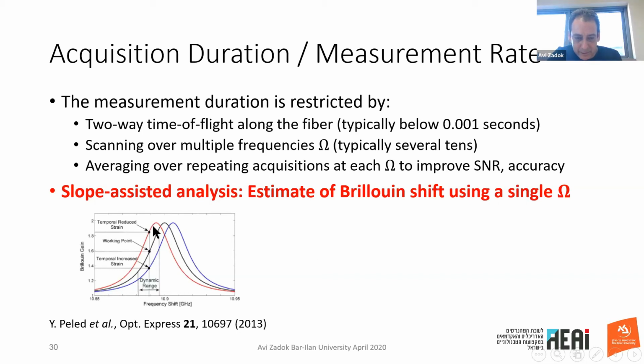I draw your attention to these three traces. The black one is called the nominal. So we'll adjust the difference, omega, between pump and signal, not to the Brillouin shift, but somewhat to the side. We'll deliberately choose the difference where the gain curve is at a maximal slope.